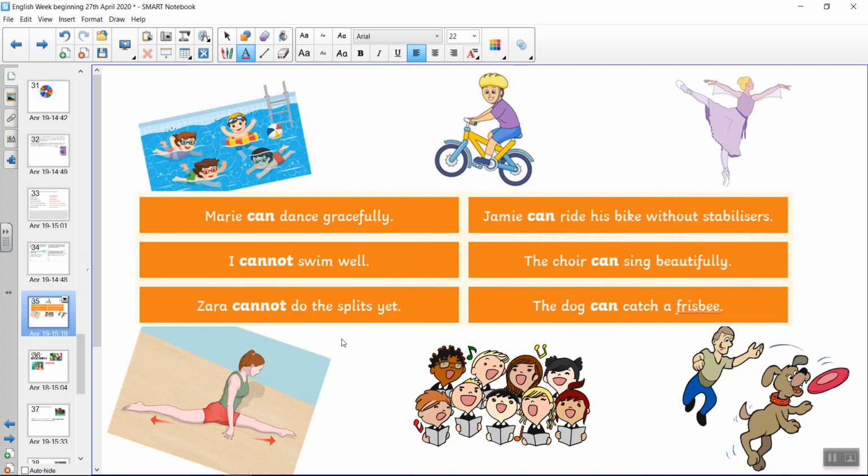The choir can sing beautifully. Sarah cannot do the splits. The dog can catch a frisbee. You've got to think very carefully because there are some negative modals in there that you will have to change slightly to turn them into questions. Have a go. When you've finished it, send it to me so that I can see it.